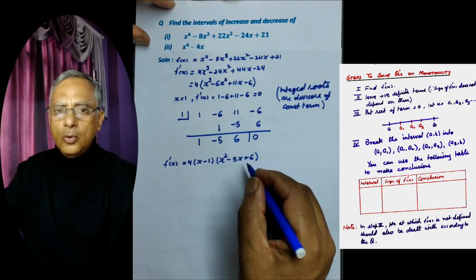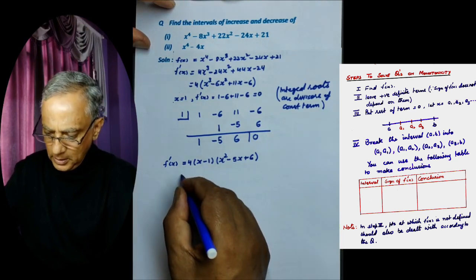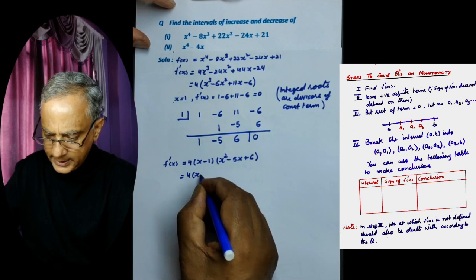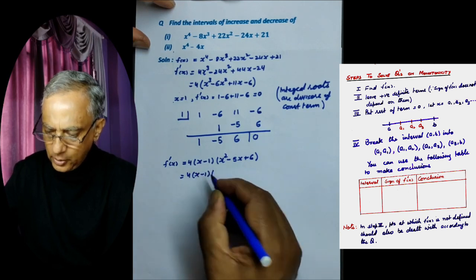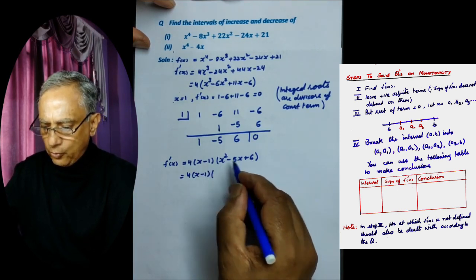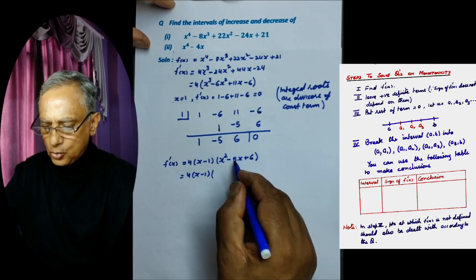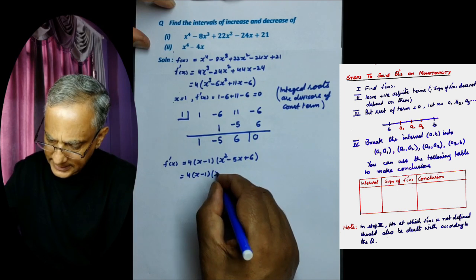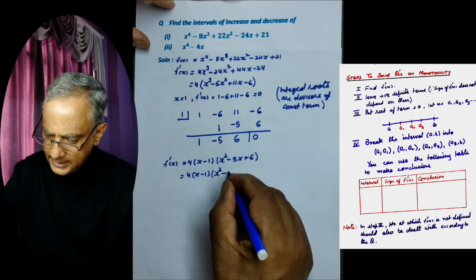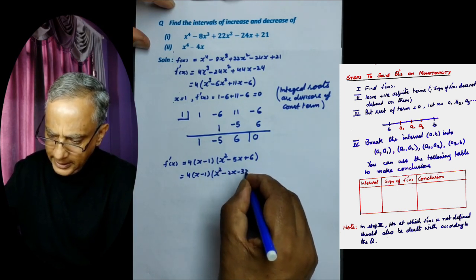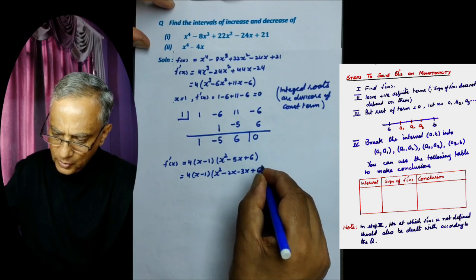These are the two factors. Now this can be written as 4 into x minus 1 into. Now we have to factorize this. Now we know 3 2s are 6 and 3 plus 2 is 5. So we write this as x square minus 2x minus 3x plus 6.